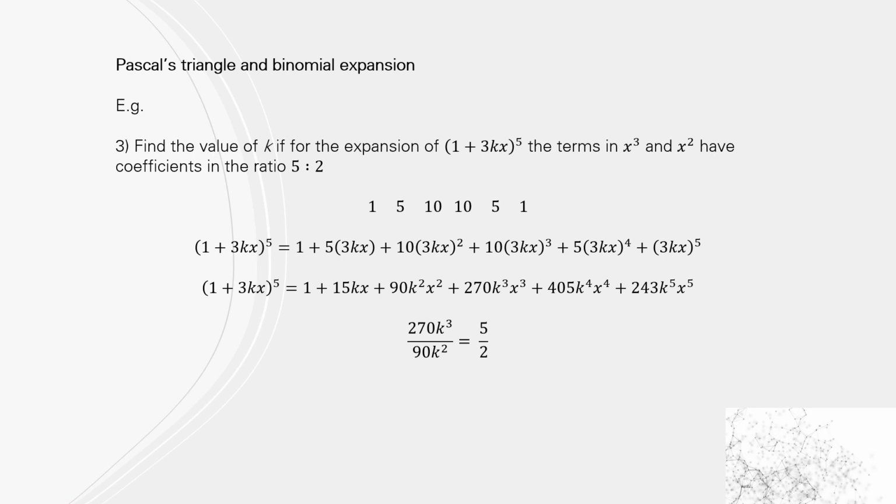So the x cubed term is 270k cubed over the x squared term is 90k squared, and that has to equal the ratio 5:2, which can be written as a fraction, 5/2. Simplifying the left-hand side, 270 over 90 is 3, and k cubed over k squared is k. So that gets you 3k equals 5/2, and k equals 5/6.